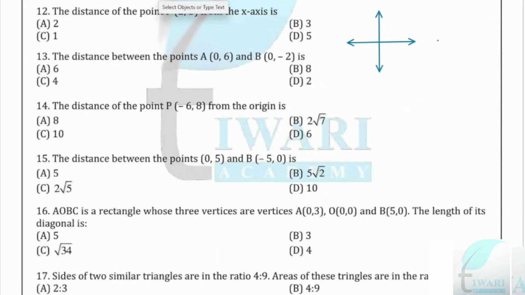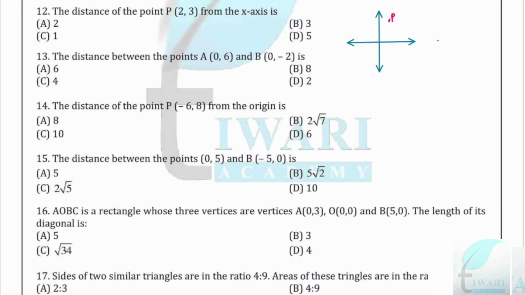Coming on to question number 12, the distance of the point P (2, 3) from the x-axis is what? So let us locate the point (2, 3). In x it is 2. So point P is here.